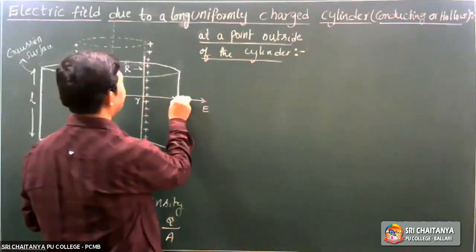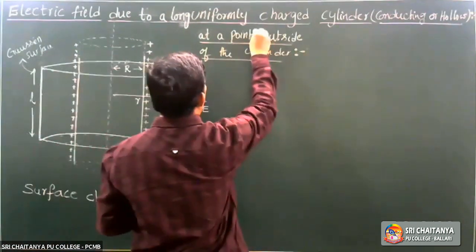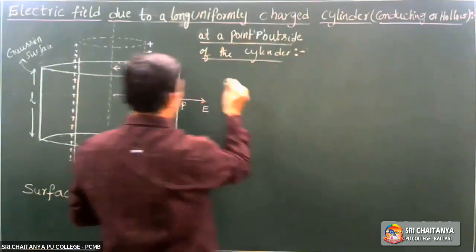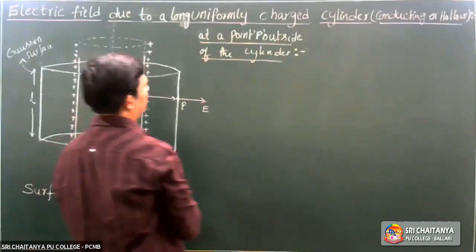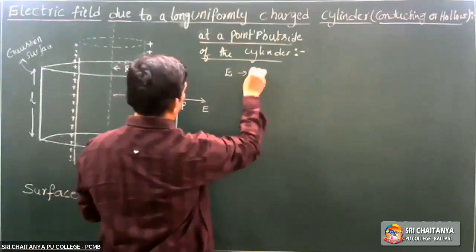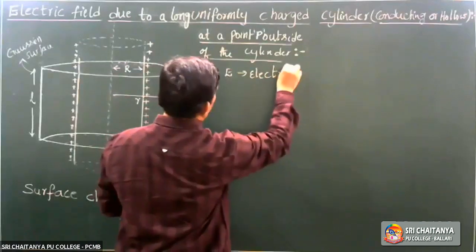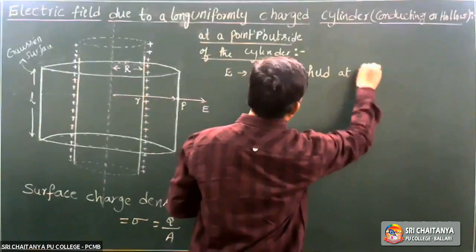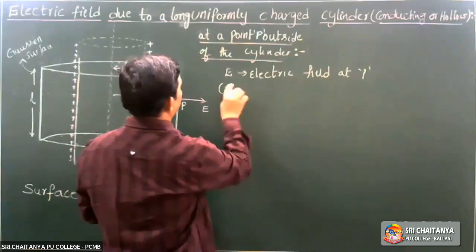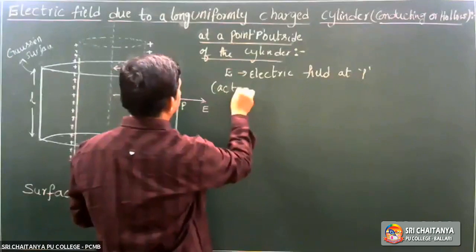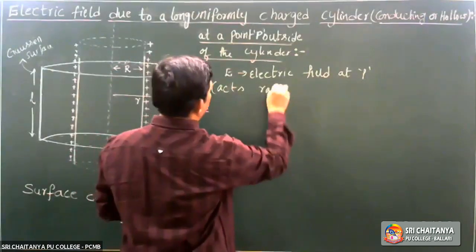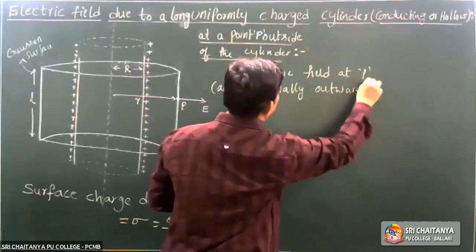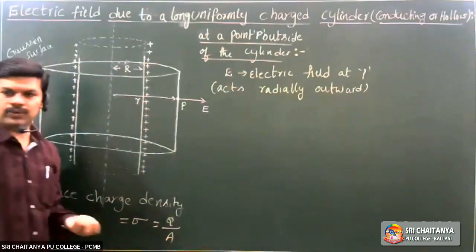So a Gaussian surface is drawn. Let E be the electric field at P, which acts radially outward.